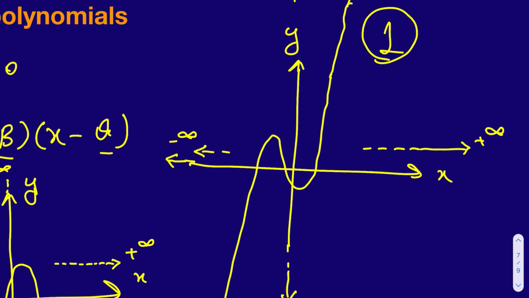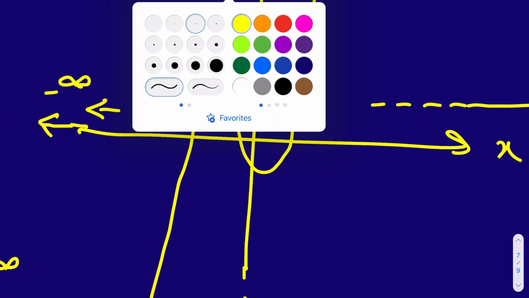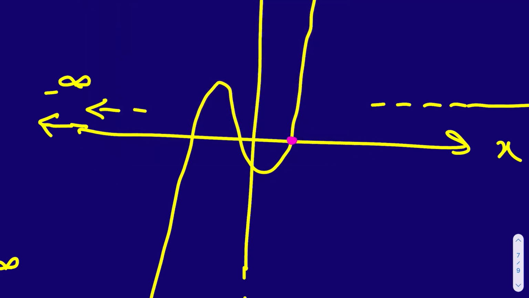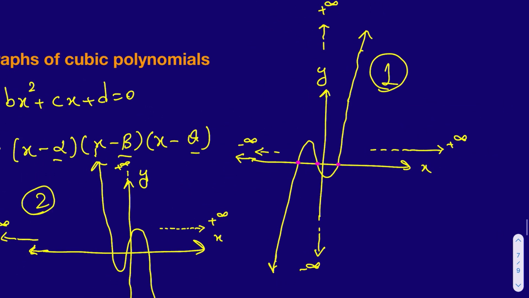The first information we need to know is where this curve intercepts the x-axis. As you see, the curve intercepts the x-axis at 3 points, and these values are in fact the roots of this polynomial. So we can simply say alpha, beta, theta.